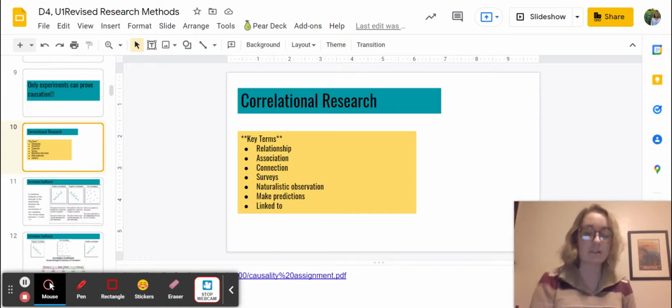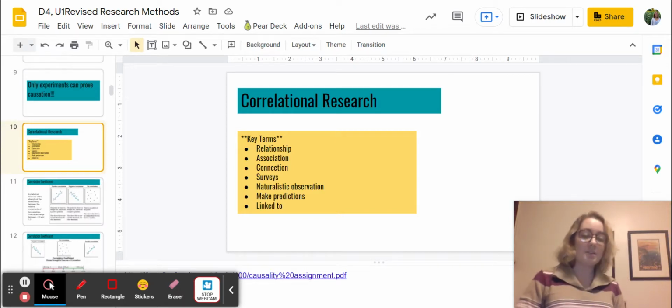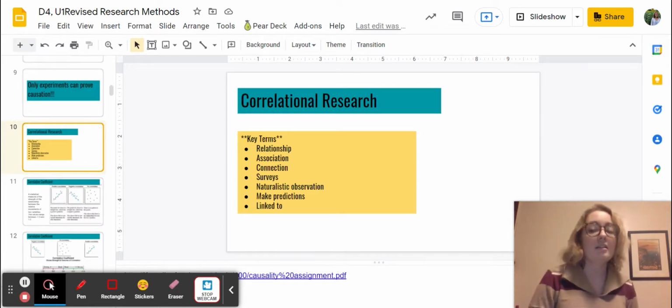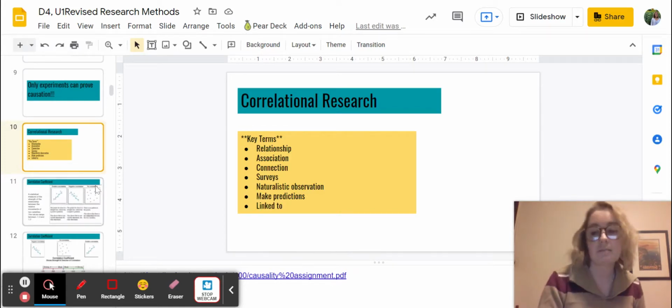Ding, you get your point. They're going to look at that and be like, they're good to go. Same thing with multiple choice. If you're asked to identify which research method it is, and the question says they found a relationship between two things, you can be like, they said relationship. Ooh, it's a correlation.